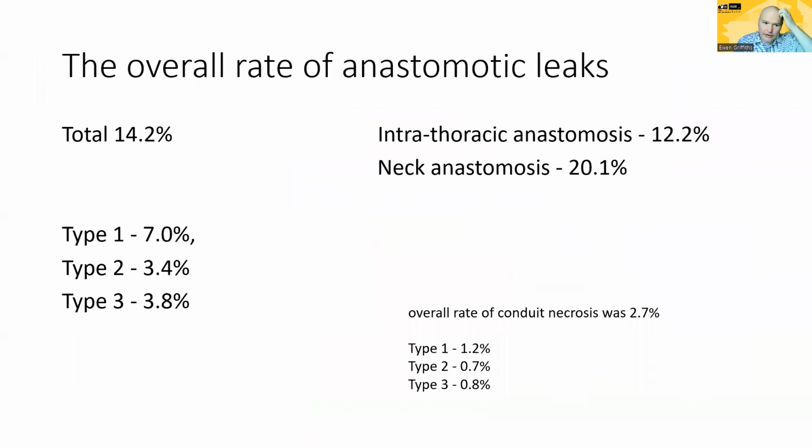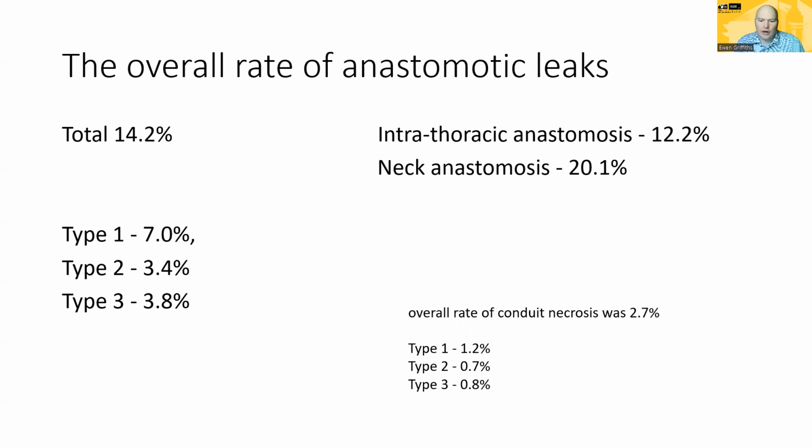Overall, the leak rate was 14.2%, much higher in neck anastomoses at 20.1%. Type 1 leaks managed with conservative measures were 7%, type 2 3.4%, and type 3 managed with surgery 3.8%. The overall rate of conduit necrosis was 2.7%.